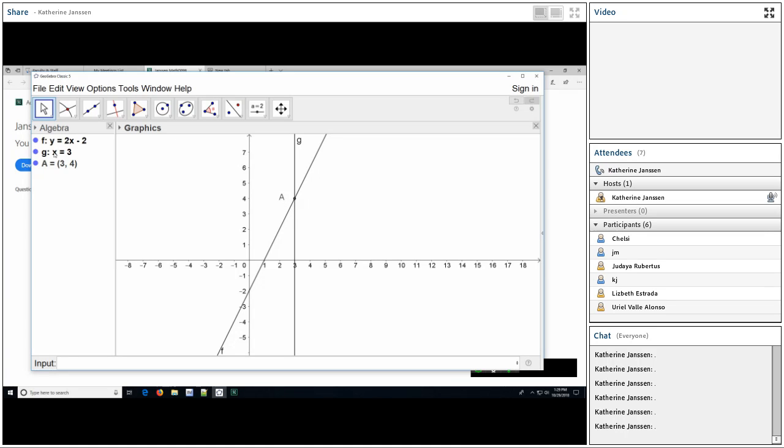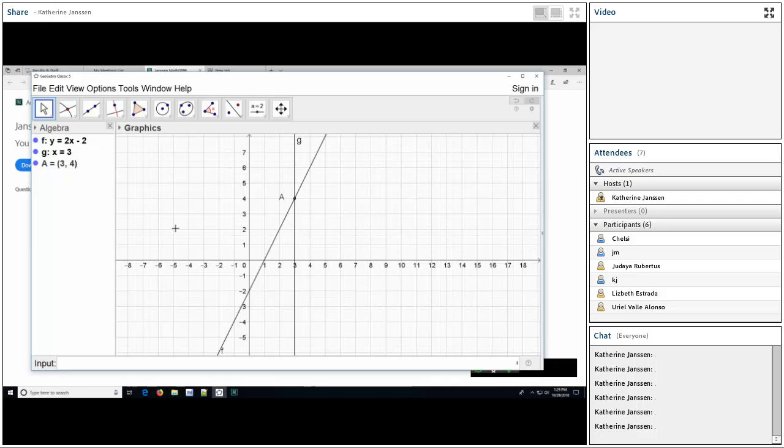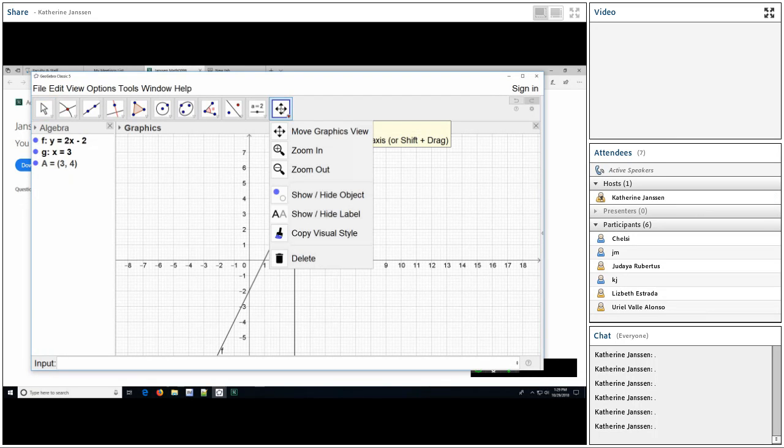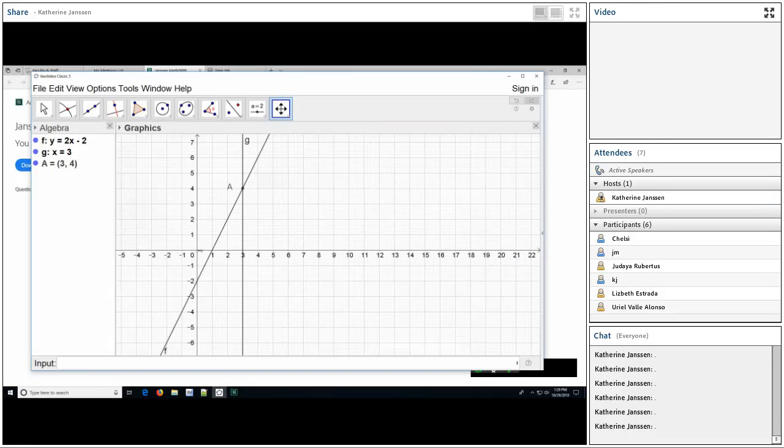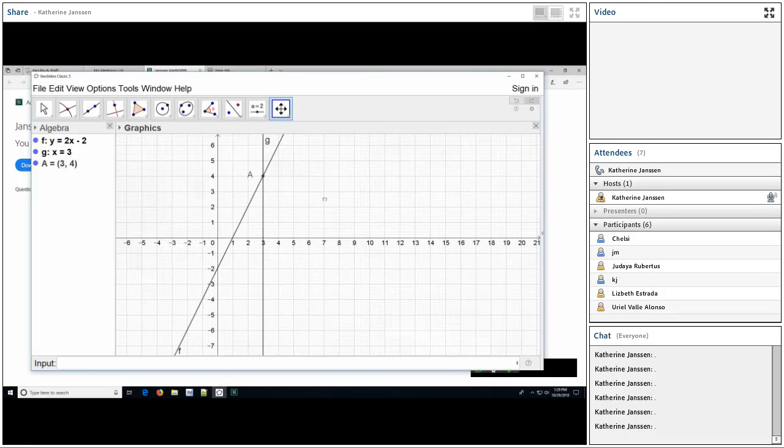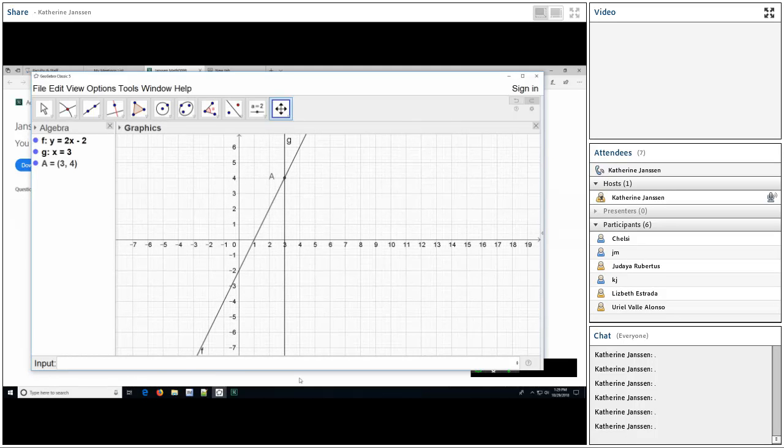G is labeling our x equals 3 vertical line, and F is labeled as the line that we were plotting. Our grid, you can certainly make use of that again, turn it on, turn it off with a right click. Your move tool is the last button on the button bar, and I try to get my origin at a comfortable location in the working window.